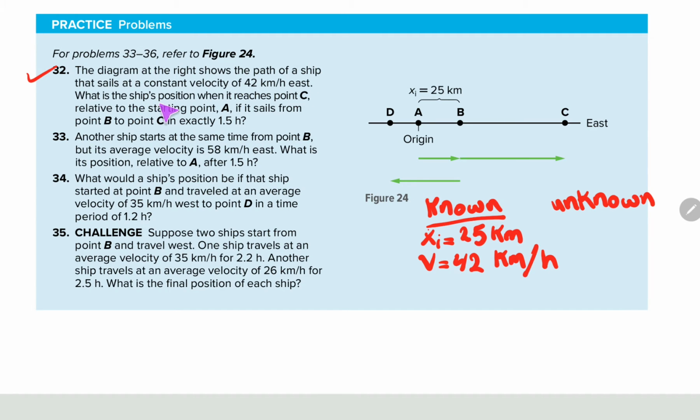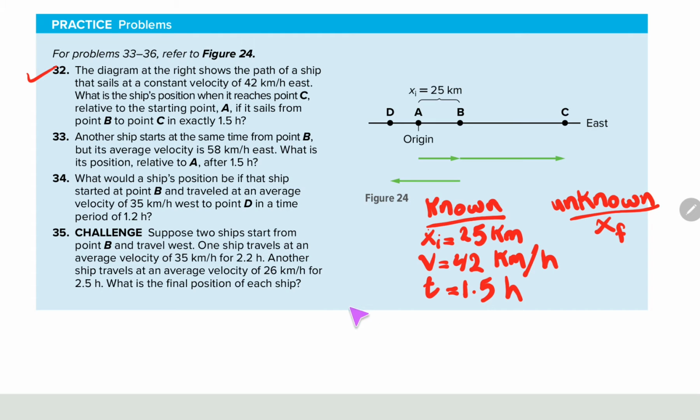What is the ship's position when it reached point C? And also we have the time t equal to 1.5 hours. We need to find x final.